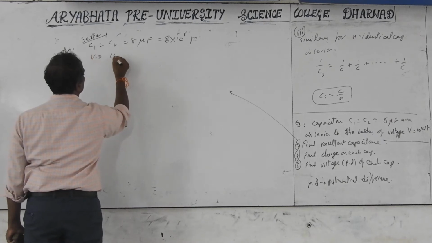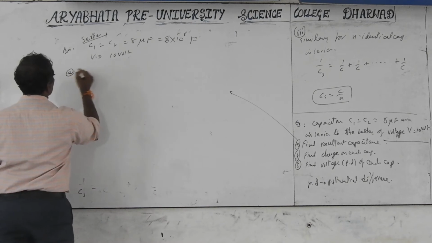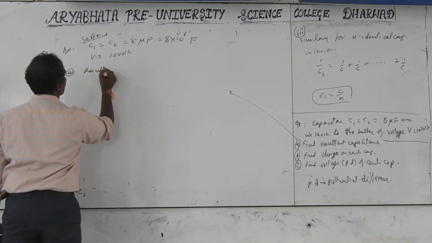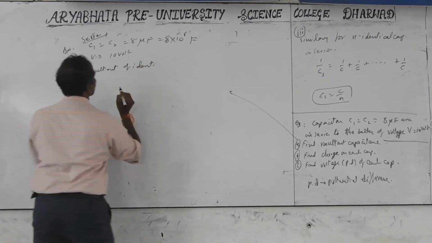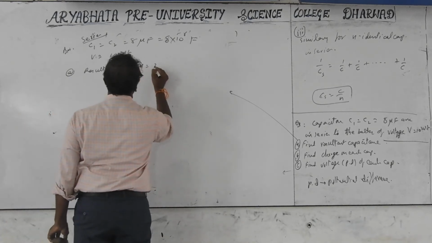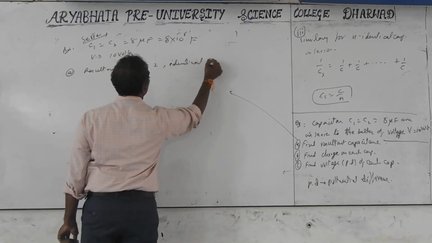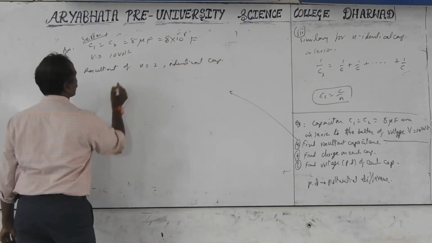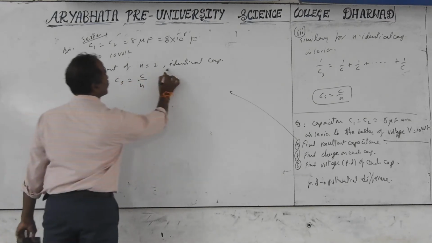Potential of the battery is 10 volts. Resultant capacitance is to be found. Resultant of identical capacitors, M equal to 2, is C series equal to C by M. Identical means divided by M.